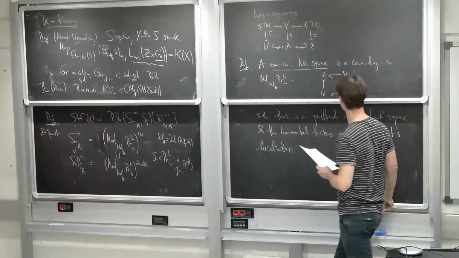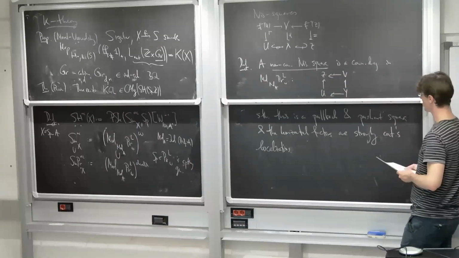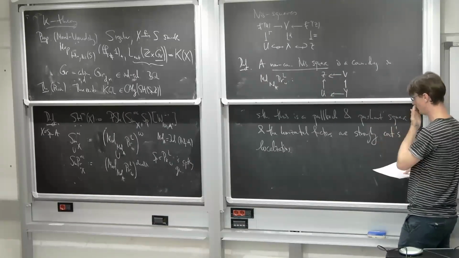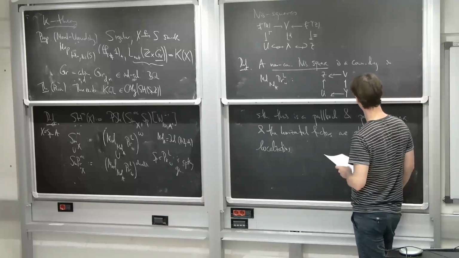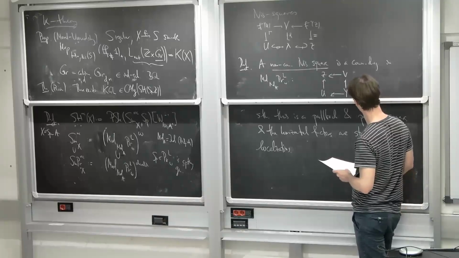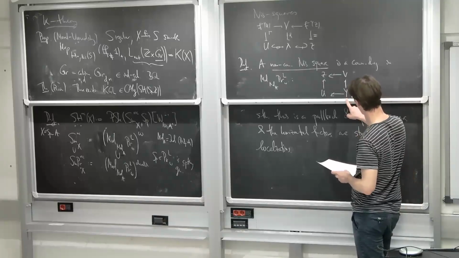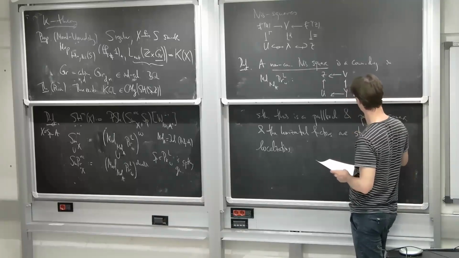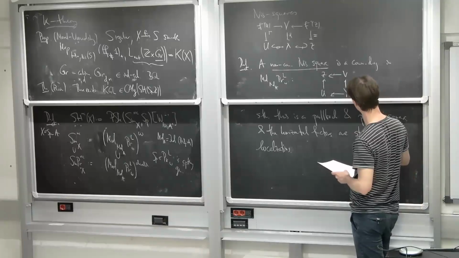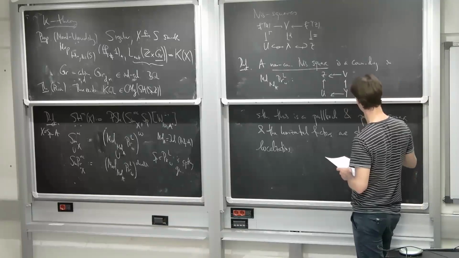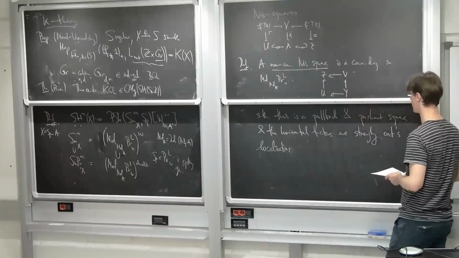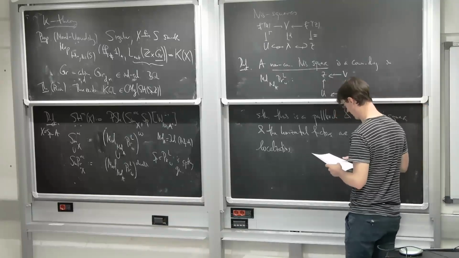Yeah, so what does that mean? Localization means your functor has a fully faithful right adjoint. And strongly continuous means these right adjoints have to be colimit preserving as well. Yeah, so in the notes I've written down more about this.